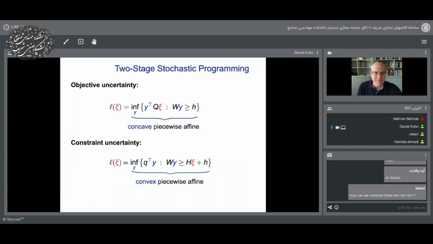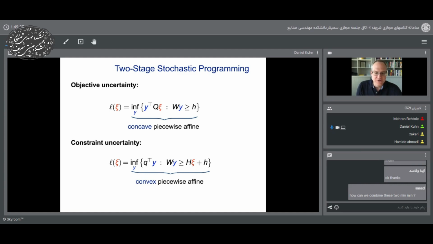Okay, so in the interest of time, I'll go a bit fast here. You can also use this for two-stage stochastic programming when the loss function is itself the optimal value of a minimization problem, say a linear program. If the uncertain parameters are in the objective function, then this loss function is a concave and piecewise affine function.